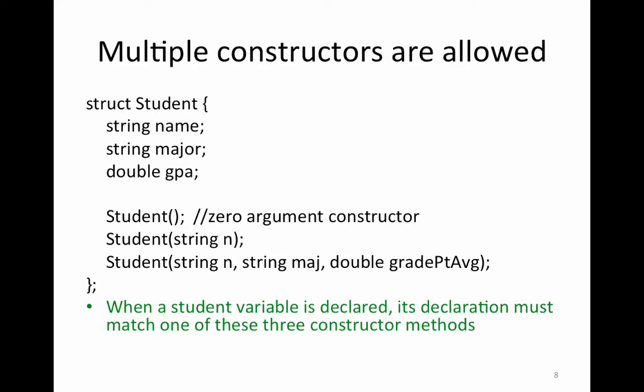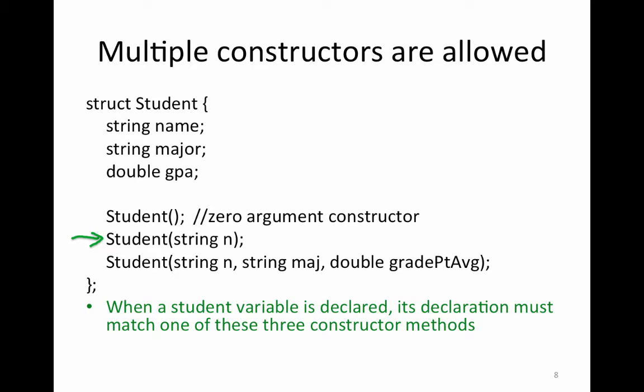So maybe a student coming in with zero arguments, you might set the name to an empty string, the major to, say, undeclared, and the GPA to 0.0 initially. If it comes in with a string, maybe this is an undeclared major. So perhaps this one is for an undeclared major.